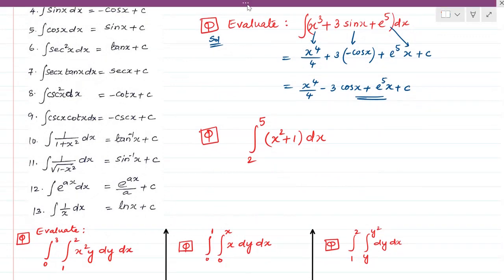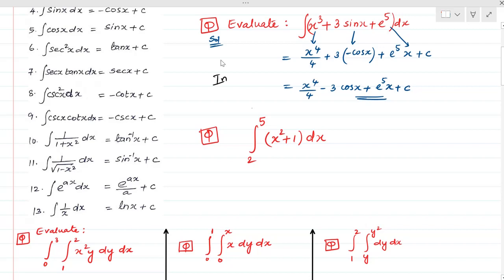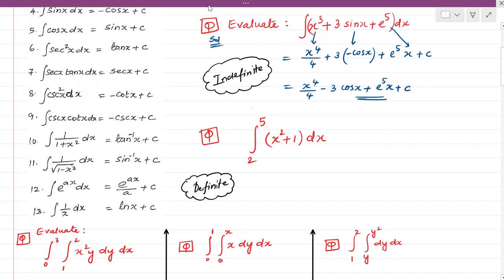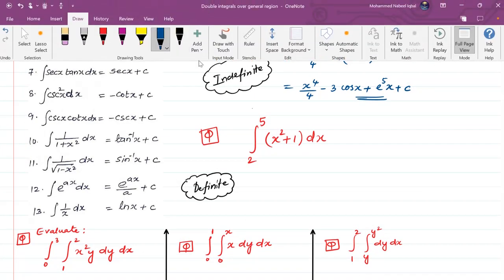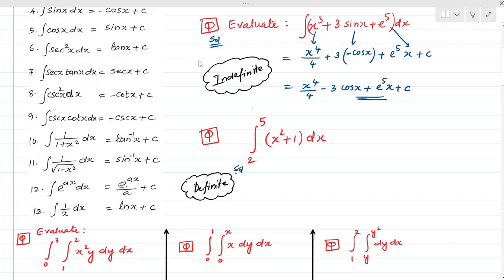Now the next one is the definite integral. The previous one was without limit, the indefinite integral, whereas here we have a definite integral, so we will have a limit here. How will you solve this type of problem? Here we will go with the same thing. The solution: integrate. What is the integration? x power 3 over 3 for this part, plus 1 is a constant, therefore it is x.